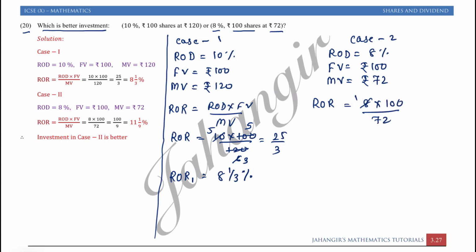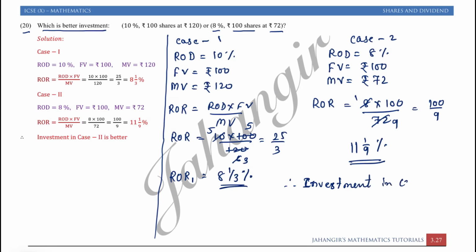So we can cancel: 8 ones are 8, 8 nines are 72. So 100 upon 9, keep it in mixed fraction, 11 nines are 99, 11 1 by 9%. So here you will see 11 1 by 9% is greater than 8 1 by 3%. So therefore I can say investment in case 2 is better.